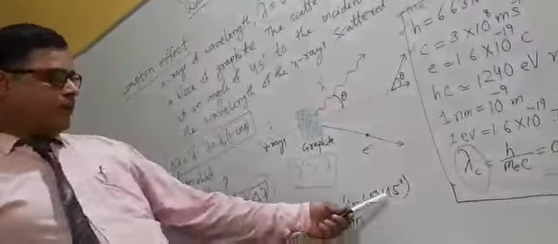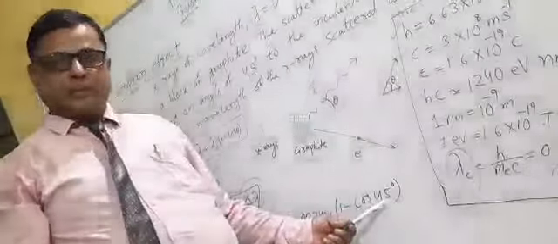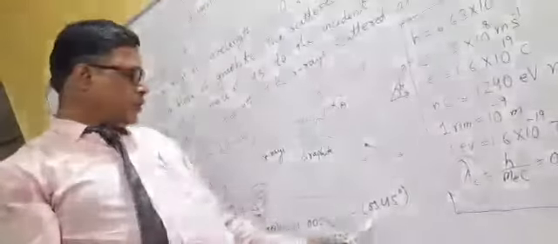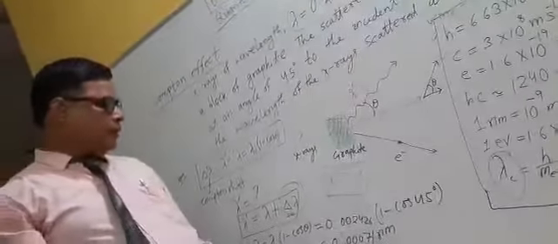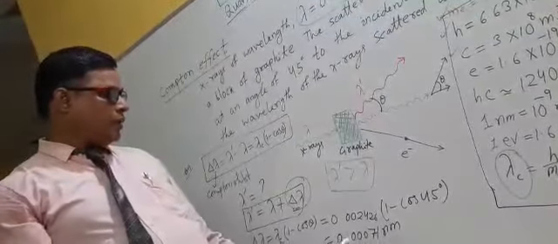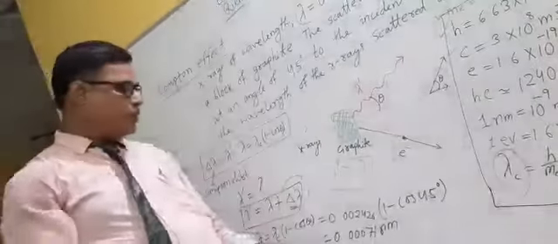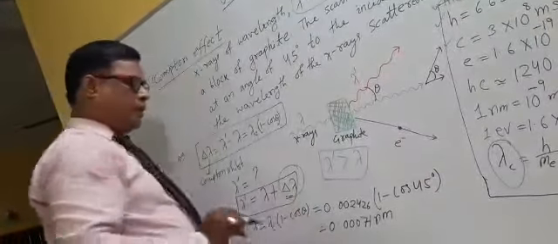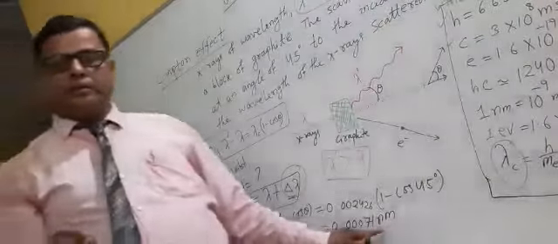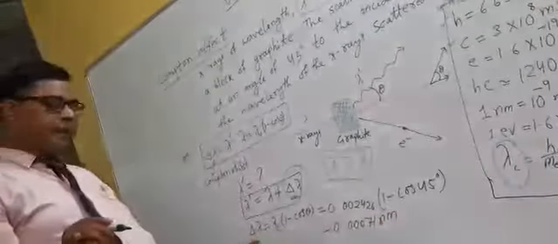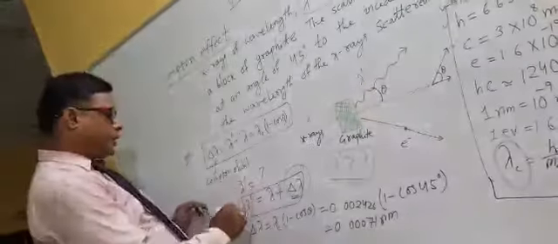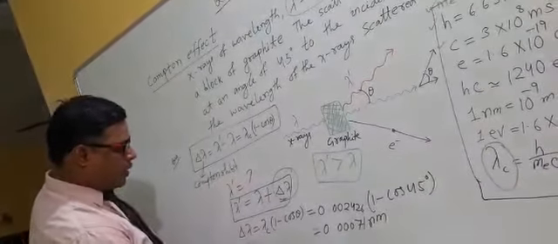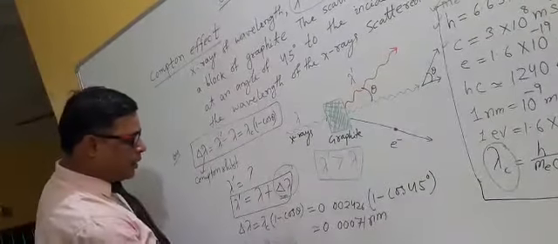Cos 45 degrees is around 0.7, so 1 minus 0.7 is 0.3. If you multiply with this, the value is approximately 0.00071 nanometer. After getting the delta lambda value, lambda prime is equal to lambda plus delta lambda.